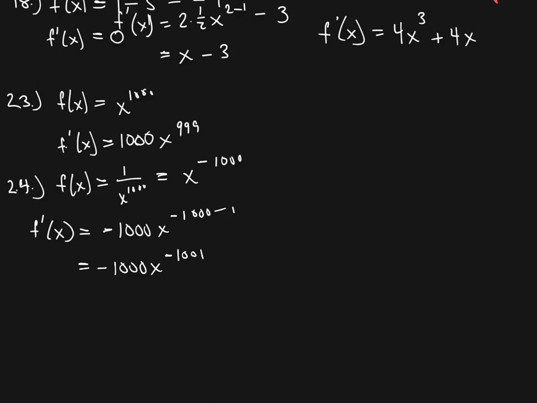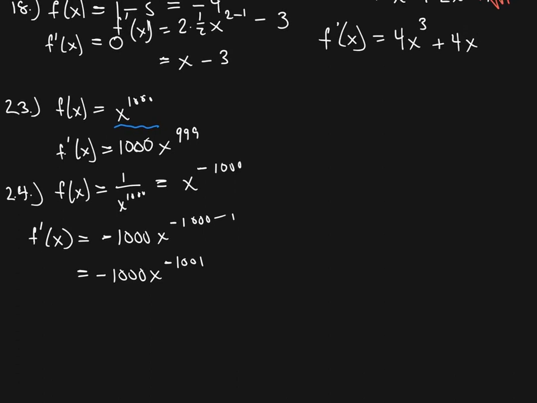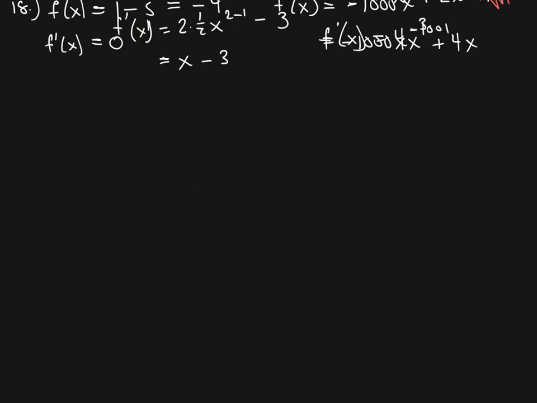So you can see how two similar looking things here, in problem 23, x to the 1,000, has a totally different looking derivative than 1 over x to the 1,000, right? The derivative here is a totally different looking thing than we have in the other problem. So there's 23 and 24.